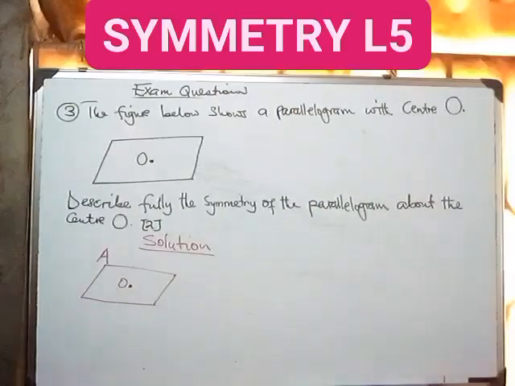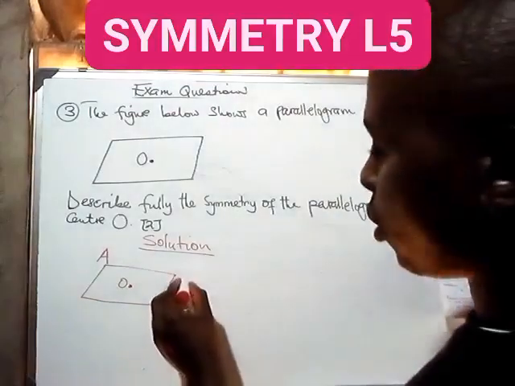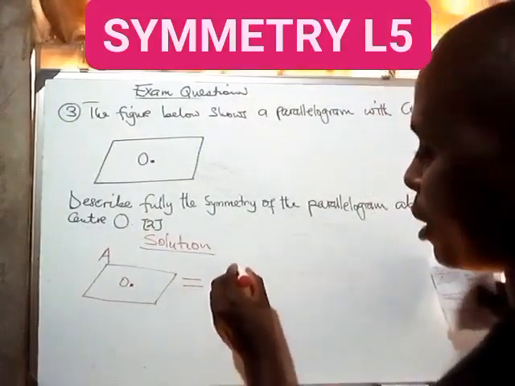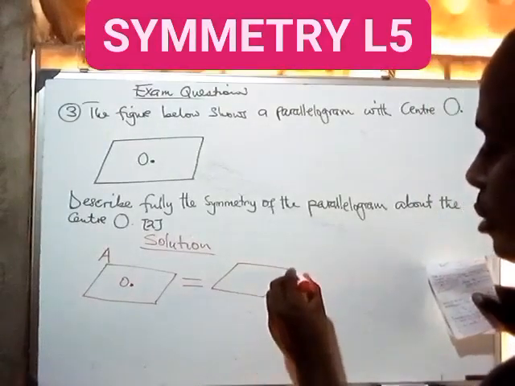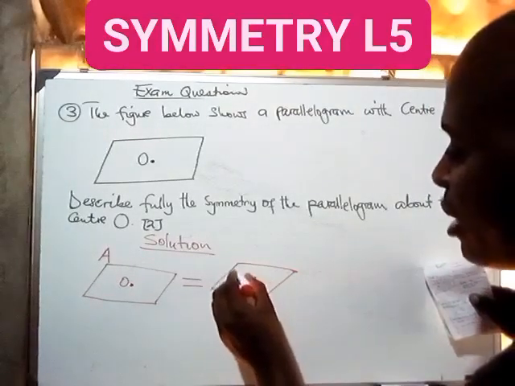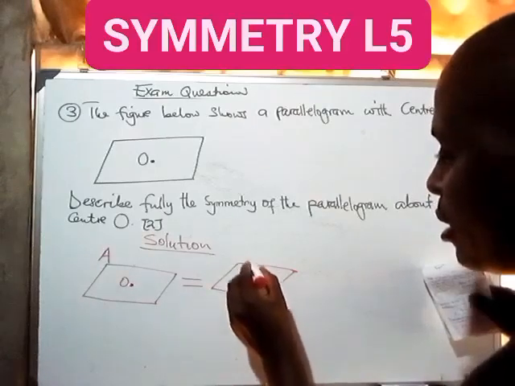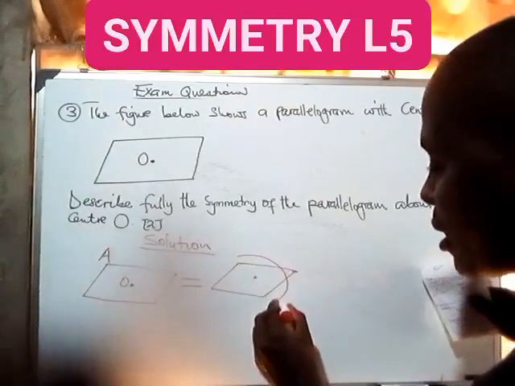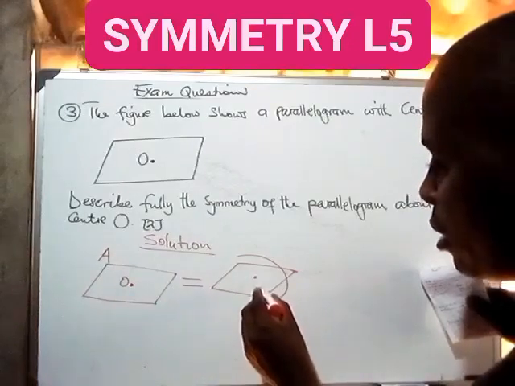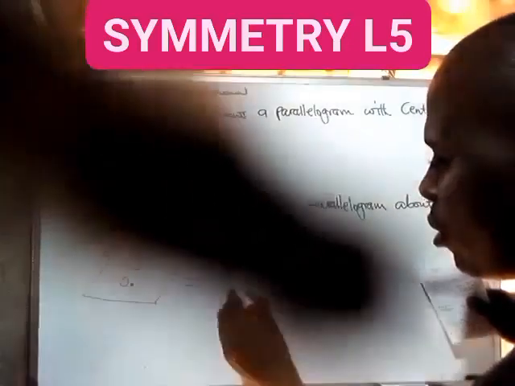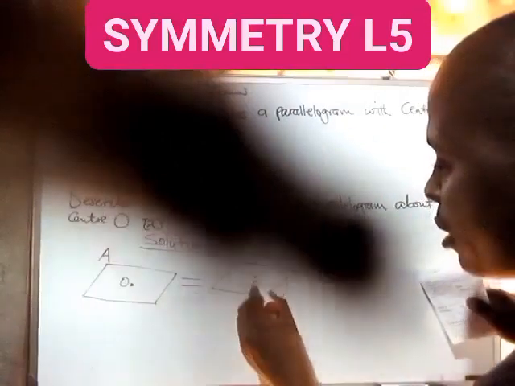I'll put my A because this shape rotates. In the first rotation, the center is there, the A was here, and now it has rotated and come there, and our O will come here.